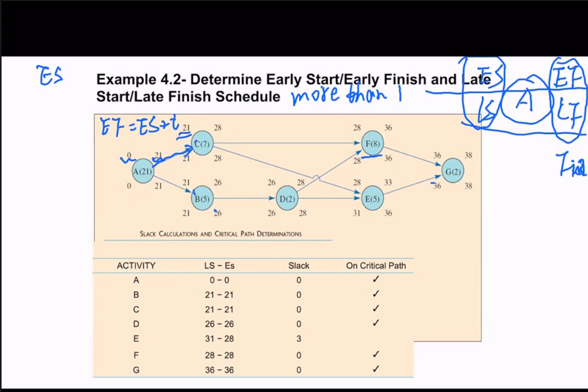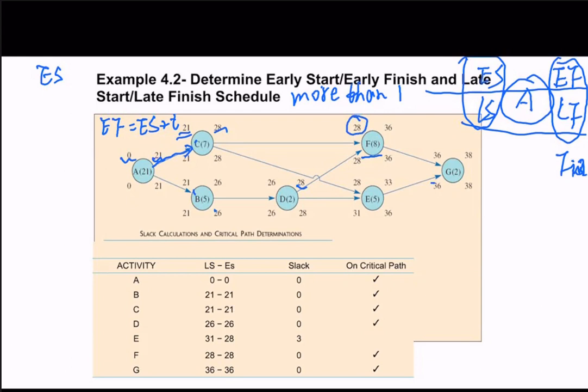So F has C and D as predecessors. We have two EFs here, but for this example, the EF for C and D are the same, so we can just write 28 directly as the ES for F.